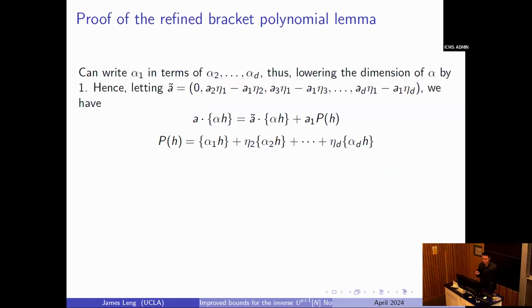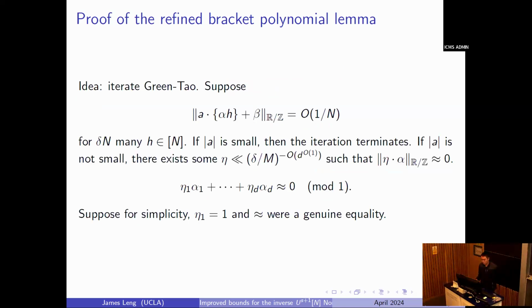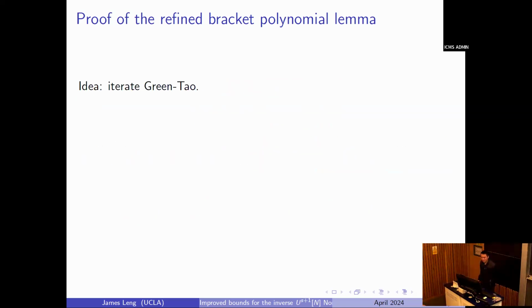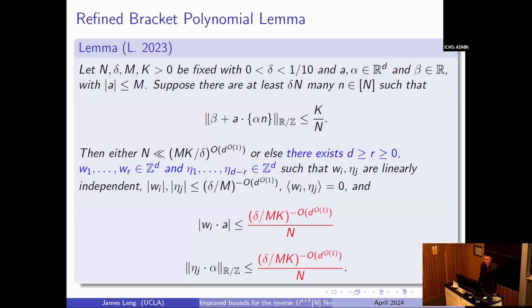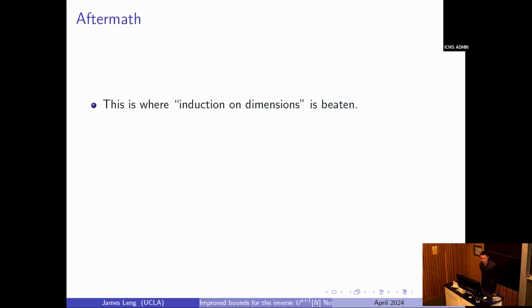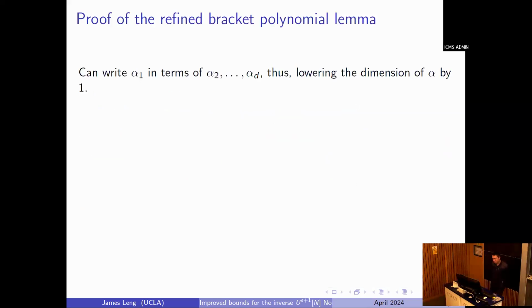But because every single one of these terms is also a combination of elements in A, you'll just have to take my word for it that when this iteration terminates after say R many steps, you'll get that alpha satisfies a bunch of linear relations modulo an integer, and these relations are sort of orthogonal to each other.